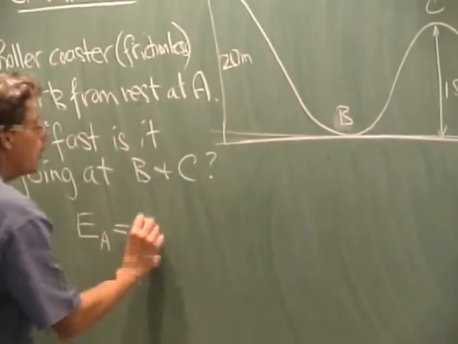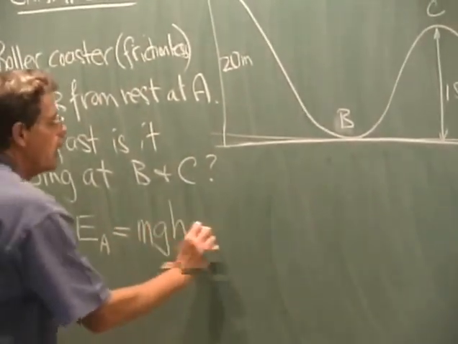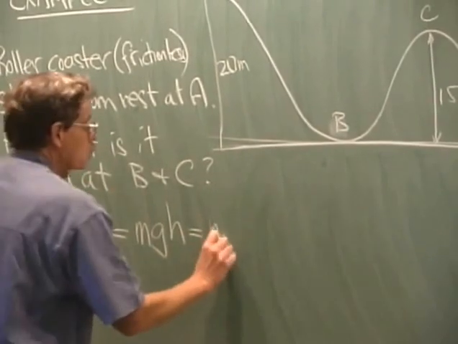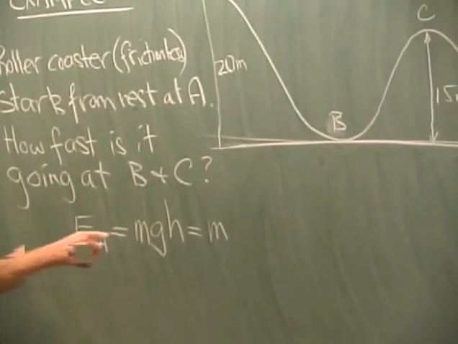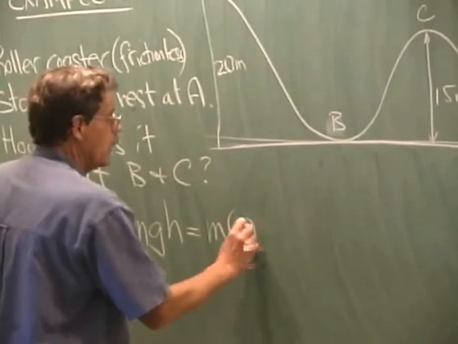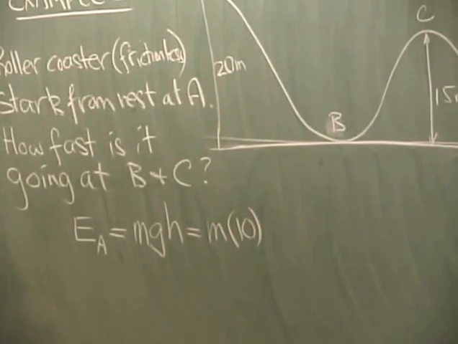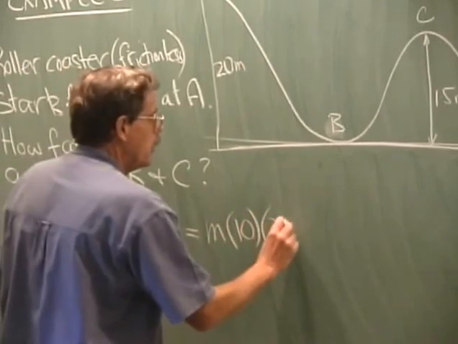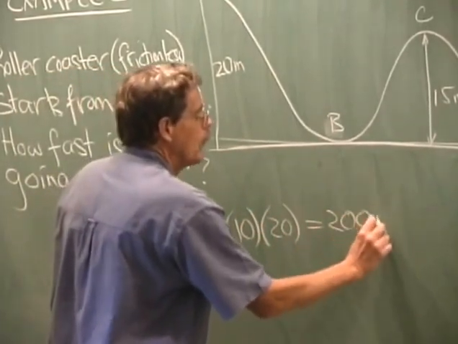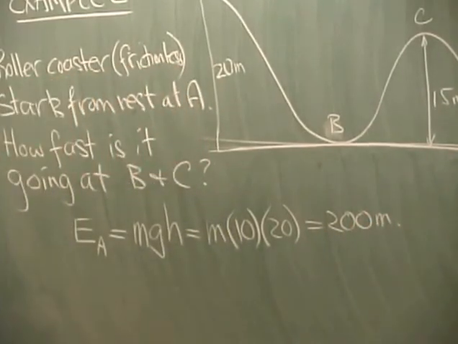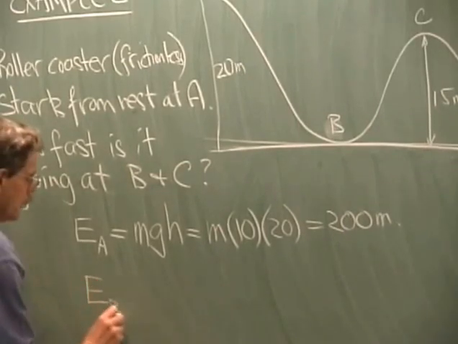So it's mgh. That would be the mass of this thing, which, by the way, they never told me, but this time it's not going to matter, times g, that's 10, close enough for me, times h, that was 20 meters, so this is going to be 200 times the mass, whatever that mass is. That's the energy that this thing started out with. That's what we've got to play with. Okay, how about at point B?